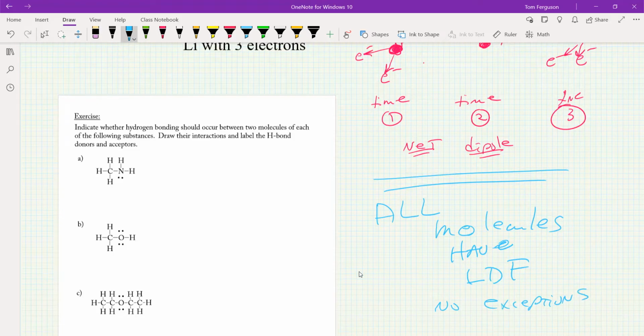So if I was to ask you, what are all the IMFs for this molecule? Well, we have CHs, we have CNs, and we have NHs.